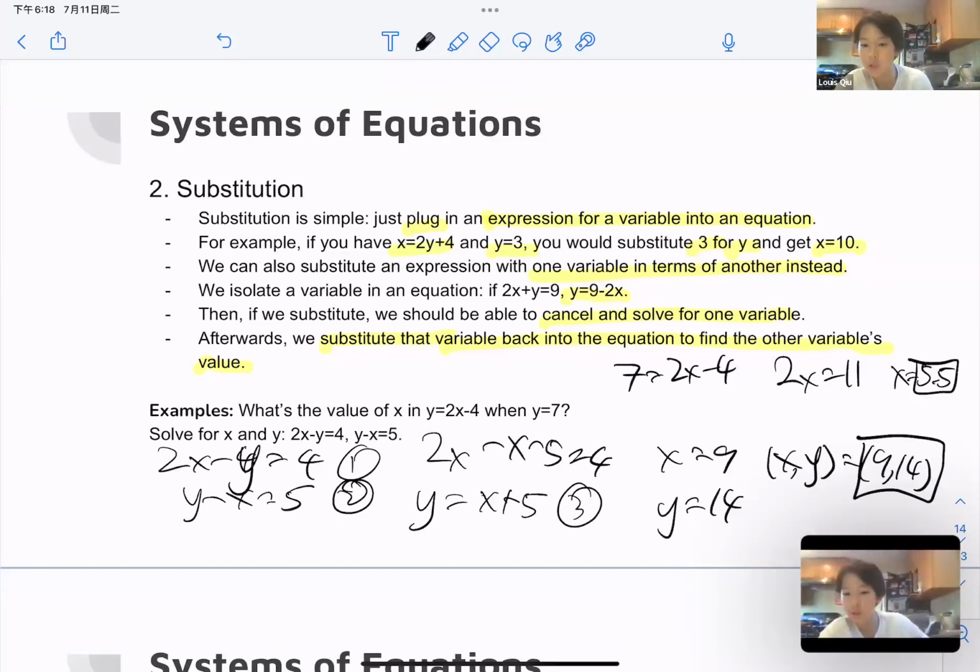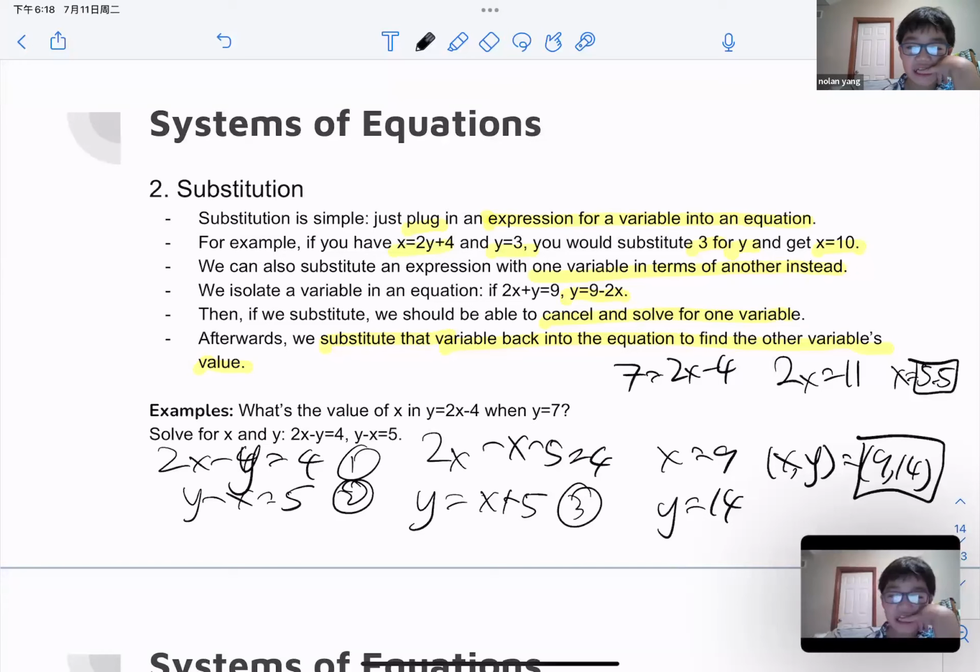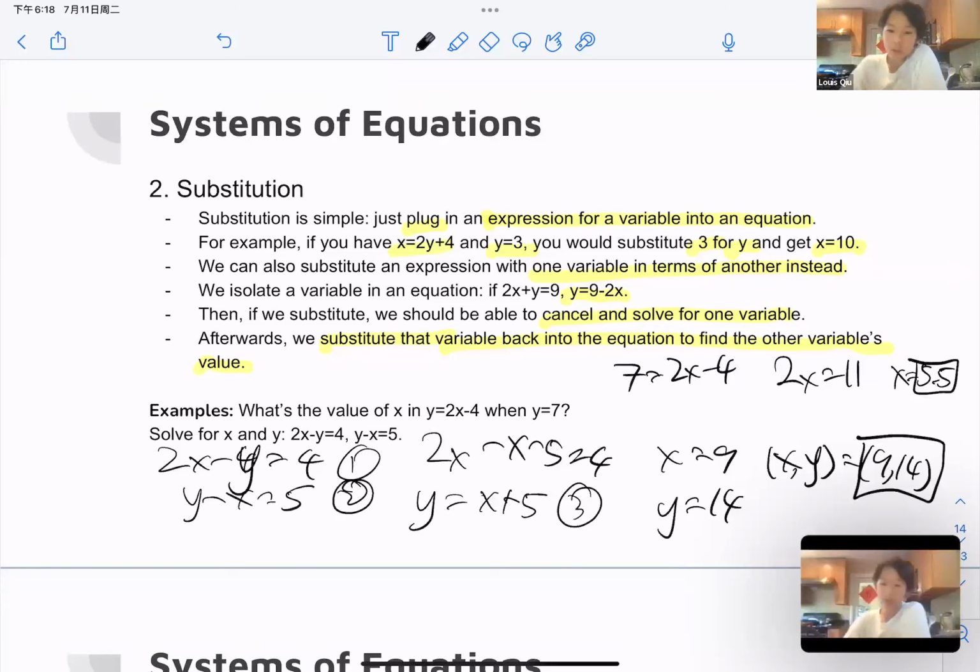I didn't see you put 11 over 2. Okay. I think he was answering mine. Yeah. I don't think you ever put 11 over 2 in the chat. Okay, then if no questions, then I will move on.